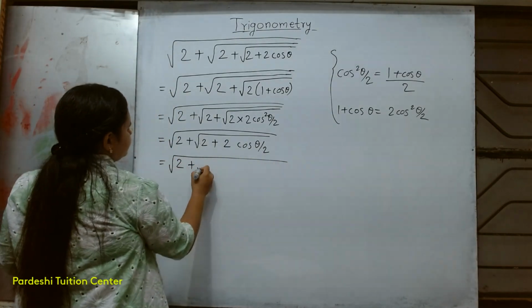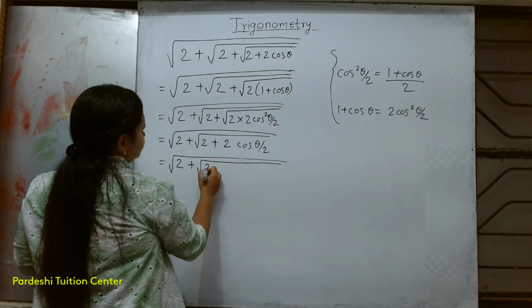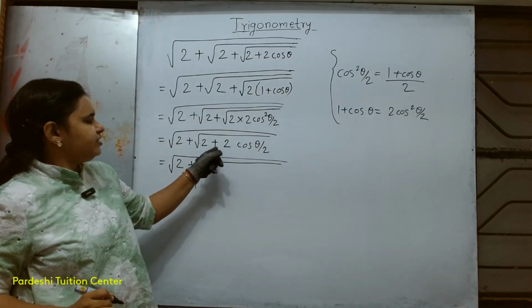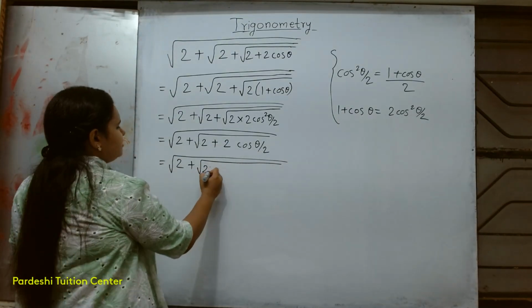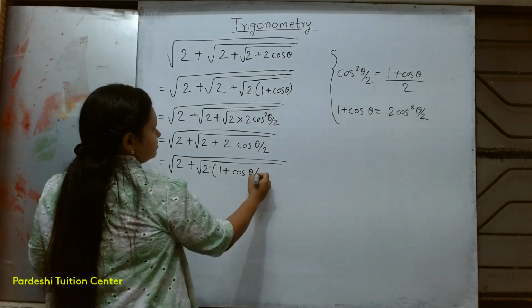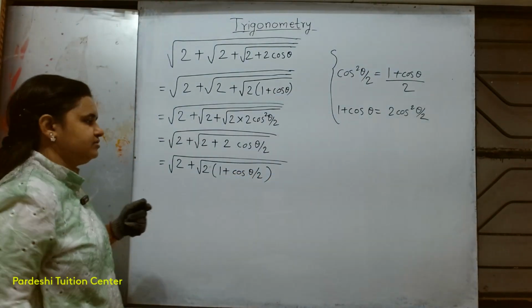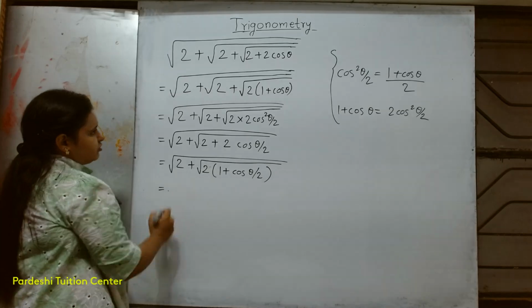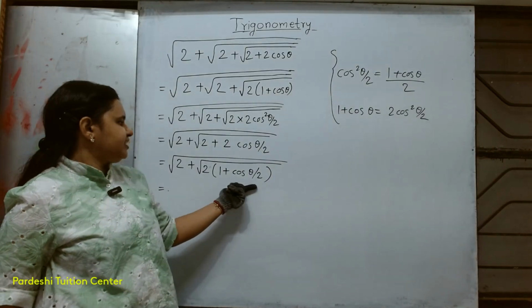Again under root of 2 plus under root of 2, and if we take 2 common from here, it will be 2 into, in bracket, 1 plus cos theta by 2. So we have to calculate 1 plus cos theta by 2.